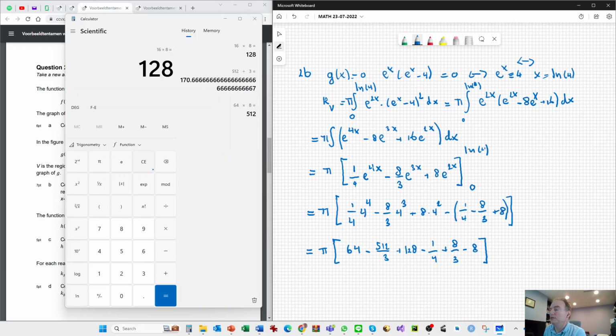This is 64 plus 128 minus 8, is 184. And let's just put it under a common denominator of 3.